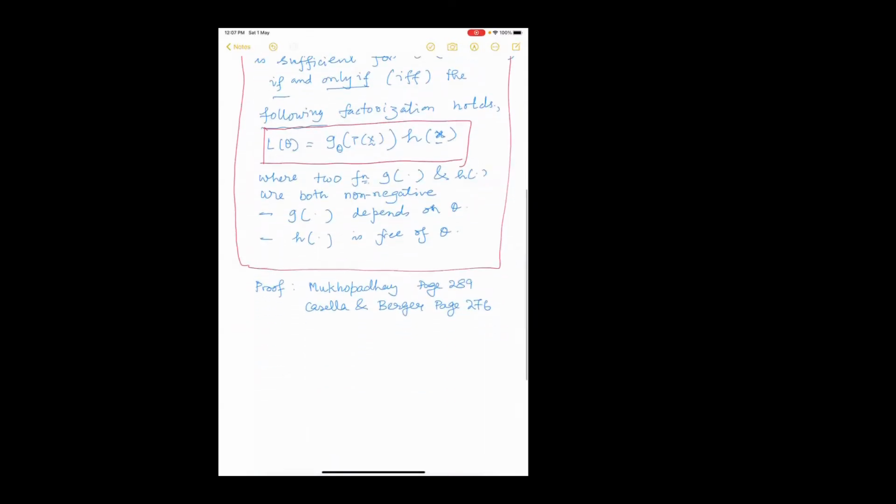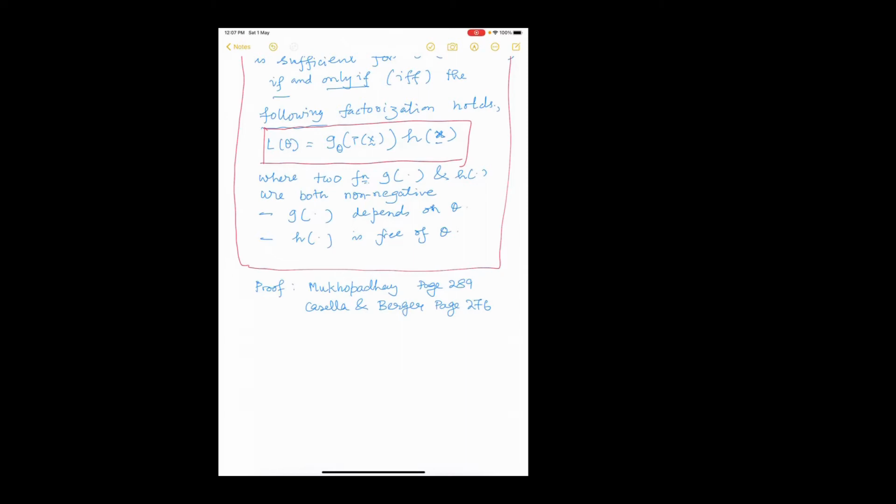Rather, we will discuss this theorem a little bit. If you look at this theorem carefully, and if we do one or two problems, you will figure out that this factorization theorem is not actually to verify if a statistic is sufficient.